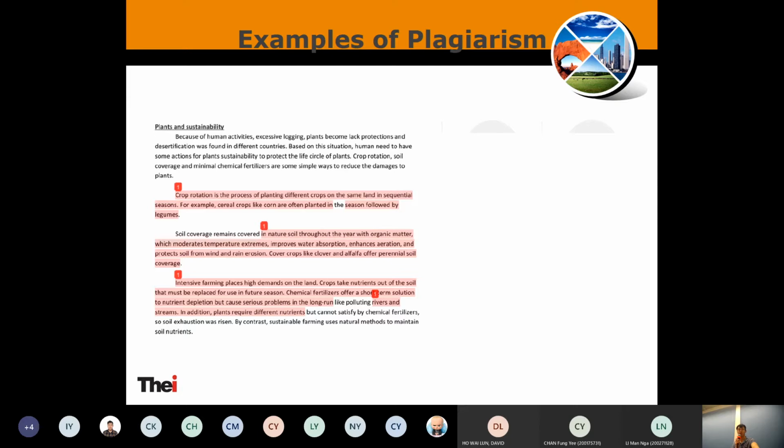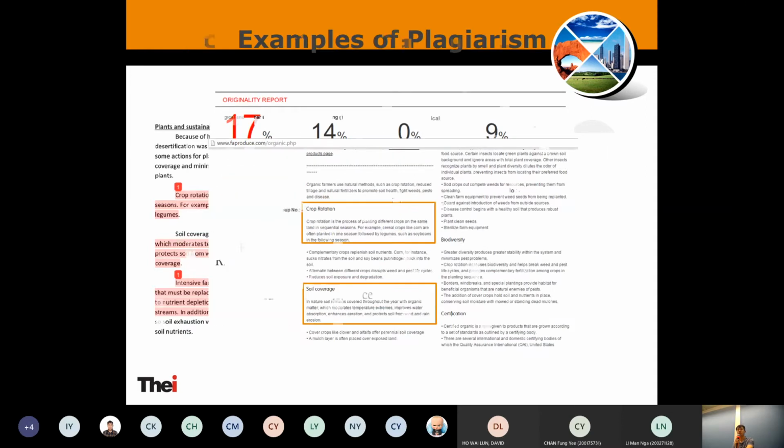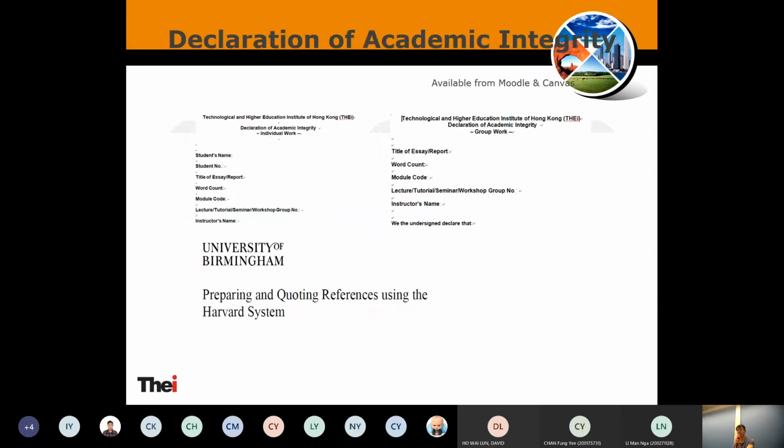So do not involve this kind of issue, right? So we can see that you should try to prepare your essay as soon as possible and think about the structure. And once again, you have to attach your individual work declaration of academic integrity with your essay.